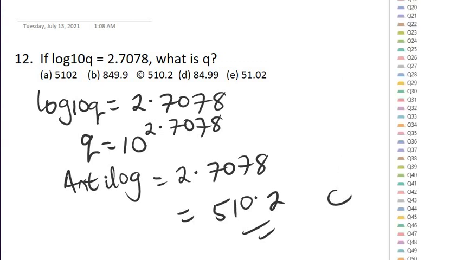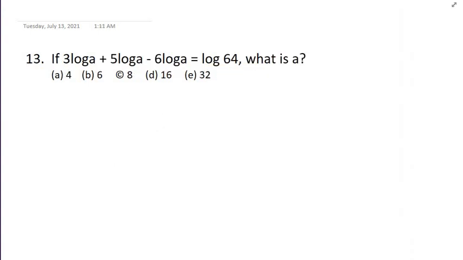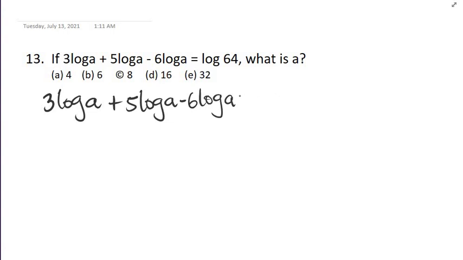Okay, so let's look at question 13. If 3 log a plus 5 log a minus 6 log a equals 64. The first thing we need to do, using the law of indices, is move the numbers before the log to the front to become the power of a.